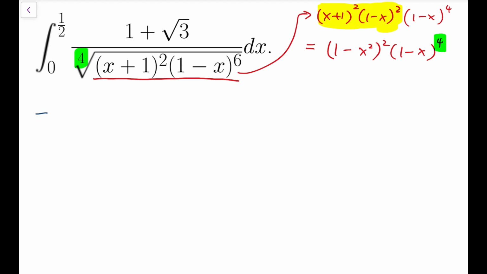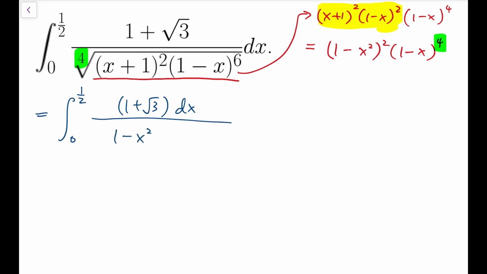So now the integral becomes from 0 to 1/2 of 1 plus root 3 dx, and the denominator is now (1 minus x squared) and the whole thing to the power 2 over 4, which is 1/2. So use the square root sign, multiply by 1 minus x.